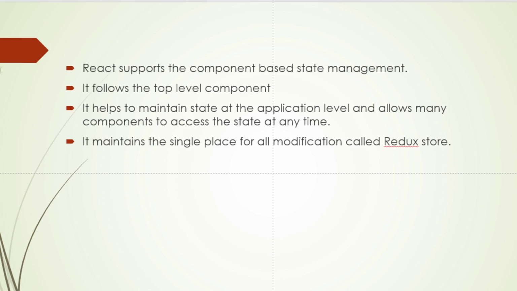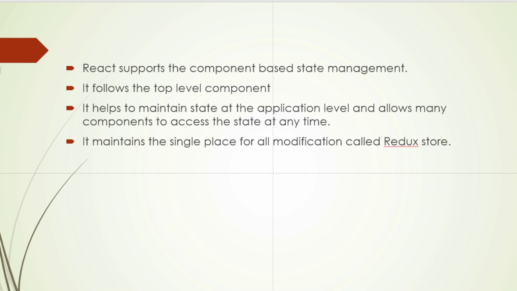As usual, we are using the useState hook. In useState we store the data and pass the data into another component. But in that approach, we have to send it from component to component to component. So it is difficult to pass the data to multiple components.